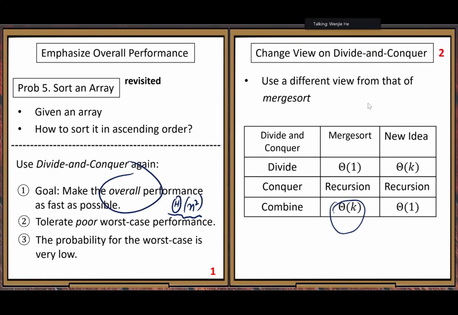Because conquer is automatic, we ignore the conquer step. Then the two steps, the divide step and the combine step, we want to do completely differently from those of the merge sort. How can you make it different? You can see, just the opposite way.